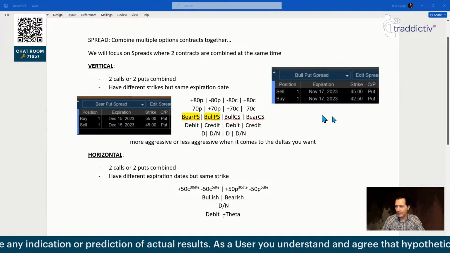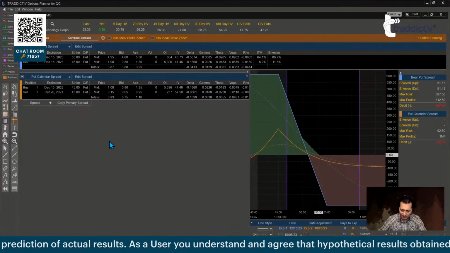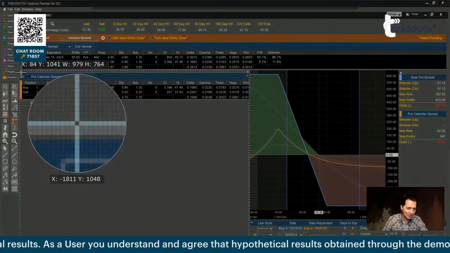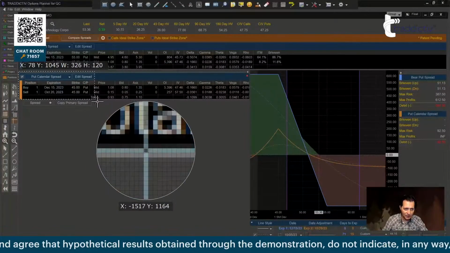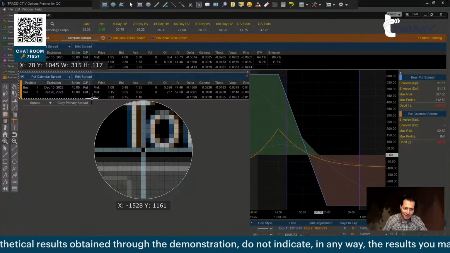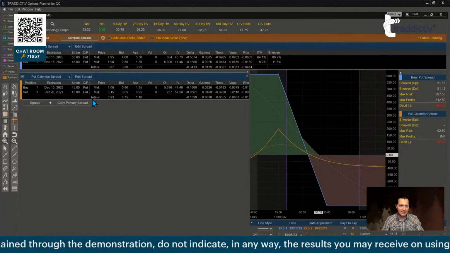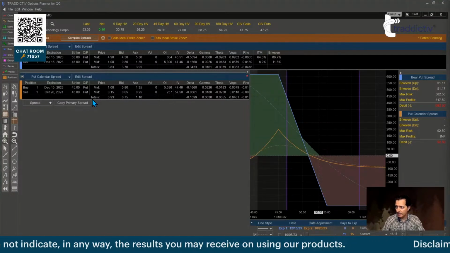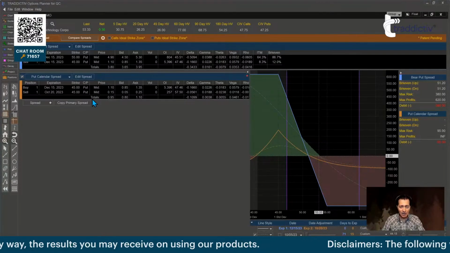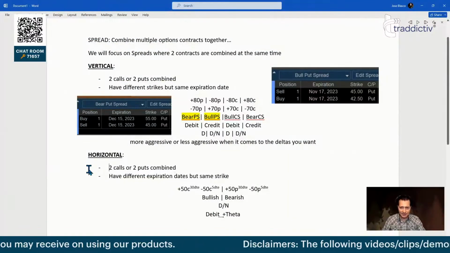And which is why I was looking for specific stocks setup, so I can do this demonstration. Even though these trades are probably not the best in the world, they are a very good exercise. And with the calendar spread, which is horizontal, calendar and time spread is the same thing.